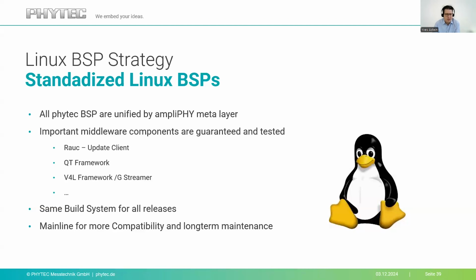And we have a mainline focus, making sure that our products are in mainline and supported, and we actually switch to mainline as a release when it's possible. And this ensures even more compatibility because if your product is supported in mainline, it doesn't matter for which product you download the mainline sources, they will be the same for each product, just with a different device tree.